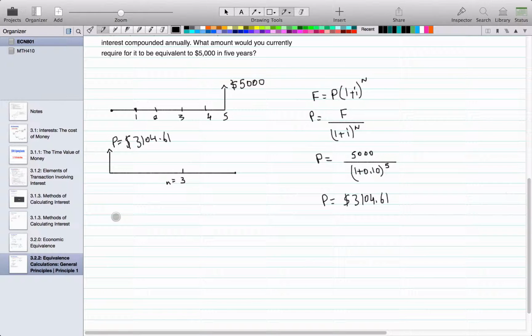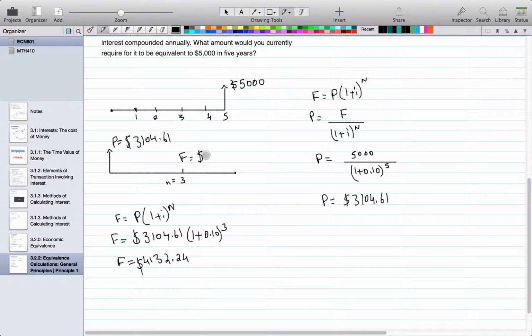We start with the future value formula, F is equal to P times (1 + i) to the power of n, where P is 3,104.61, 1 + 0.10 to the power of 3, because we're trying to figure out what the future worth is for the third period, which is equal to 4,132.24.